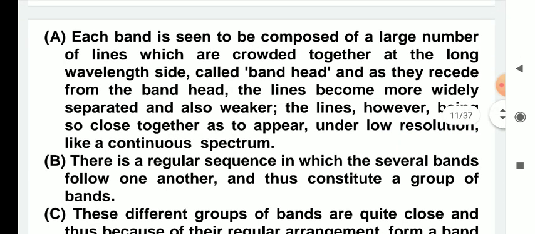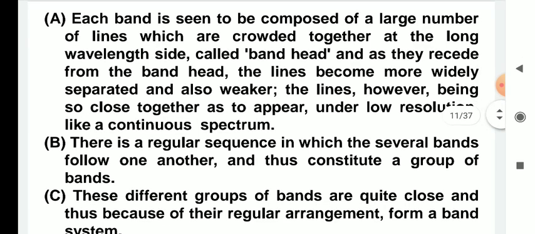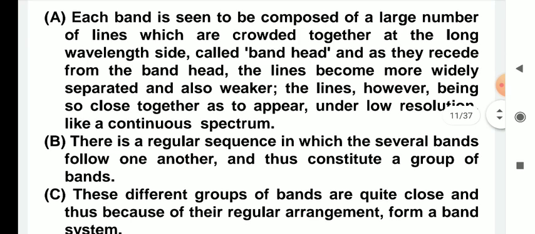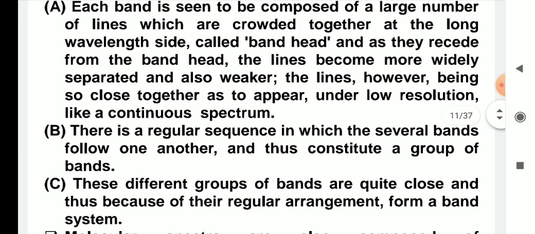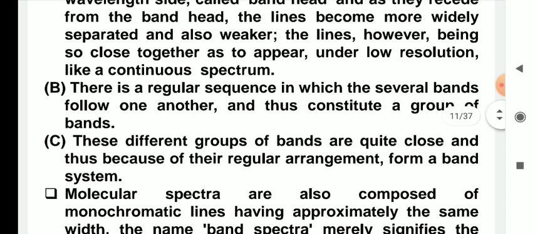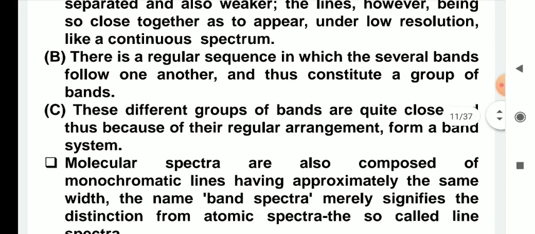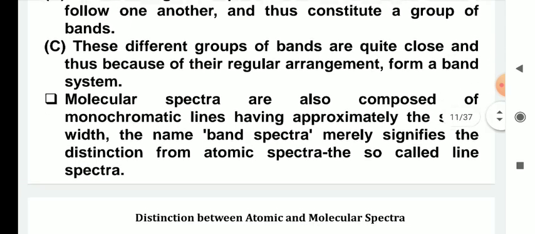Each band is seen to be composed of a large number of lines which are crowded together at the long wavelength side called the bandhead, and as they recede from the bandhead, the lines become more widely spaced and also weaker. The lines, however, are so close together as to appear under low resolution like a continuous spectrum. There is a regular sequence in which several bands follow one another and thus constitute a group of bands.